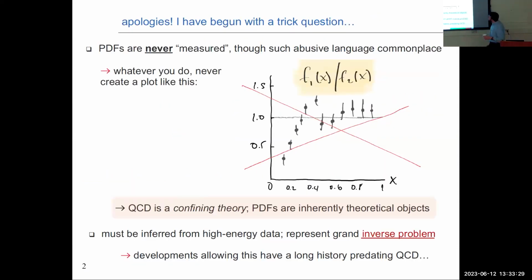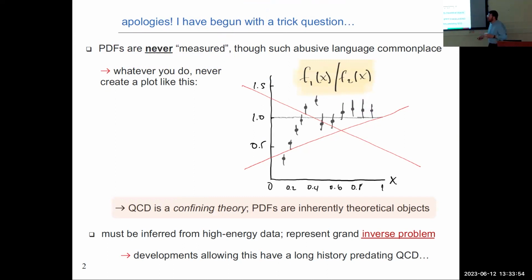So I beg your pardon that I've asked you essentially a kind of trick question just to get you thinking in this way. What I had in mind to say is, the PDFs actually are never measured, though people often use this language. In fact, very esteemed physicists even say that we'll measure such and such PDFs. That's sort of nonsense, actually.